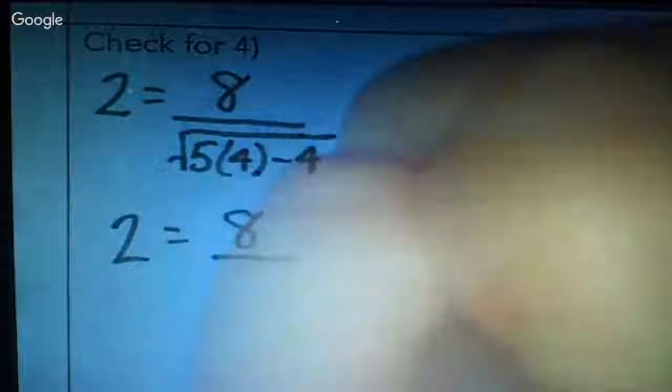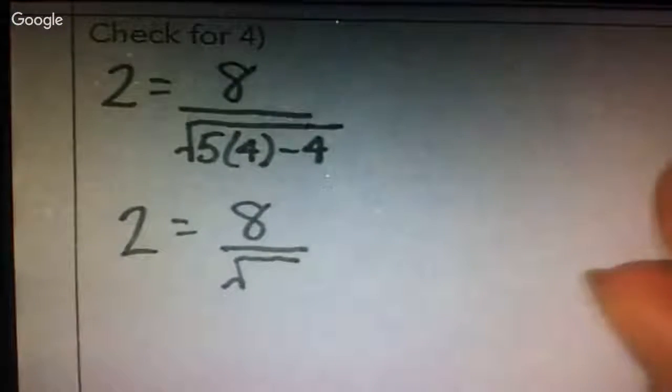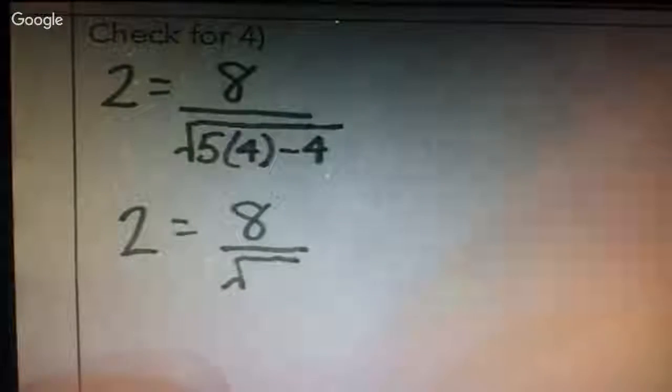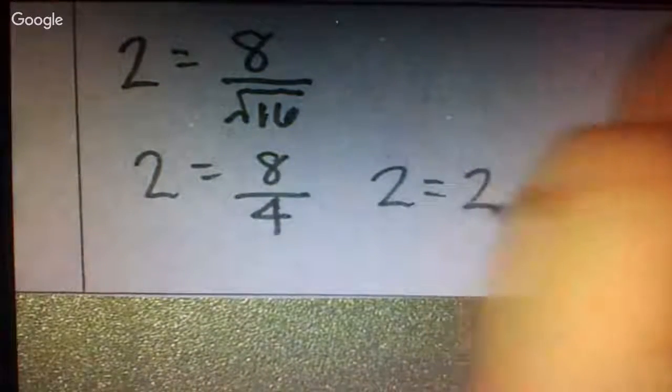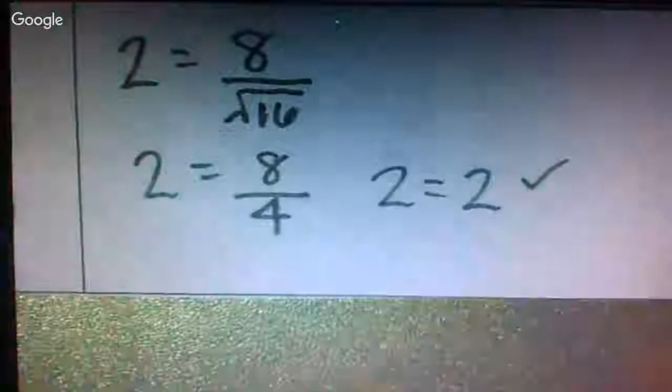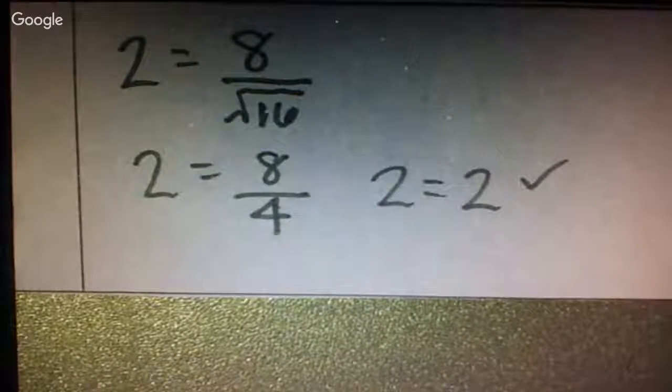Okay, so this is 2 equals 8 divided by the square root. What is 5 times 4? 20 minus 4 is 16. Okay, so I get 2 equals 8 divided by 8 over 4. So 2 equals 2. Yes, that works, which means x equals 4 is a solution.